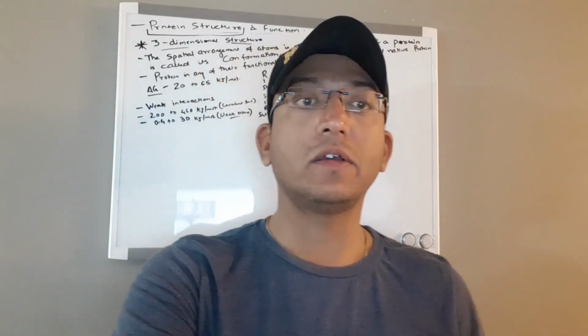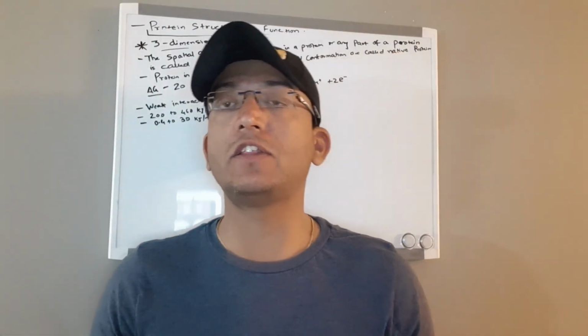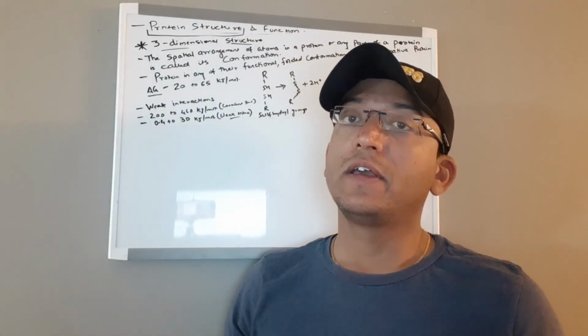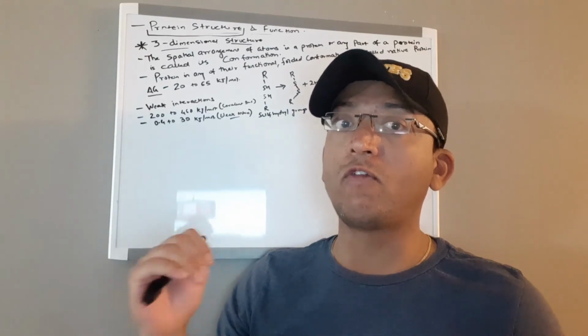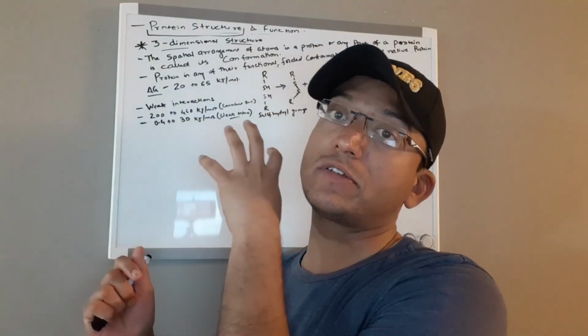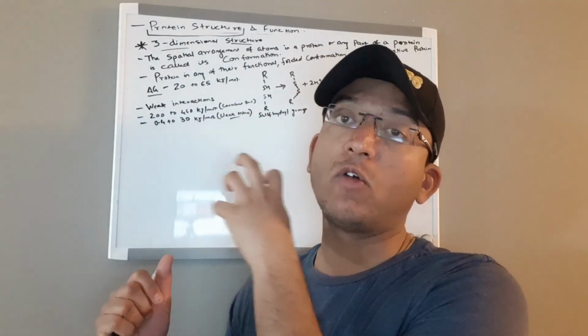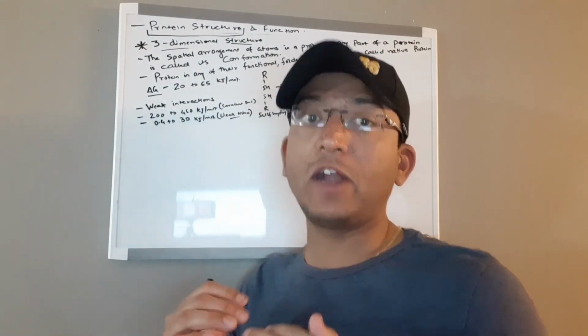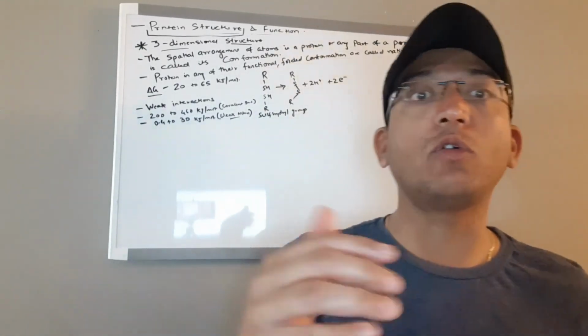But on carefully examining the contribution of these weak interactions to protein stability, we find that the hydrophobic effect generally predominates. We know that there are proteins that have hydrophobic amino acids, right? So how do those hydrophobic amino acids behave?